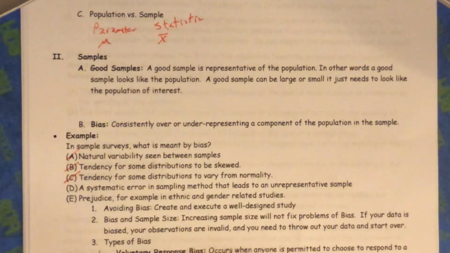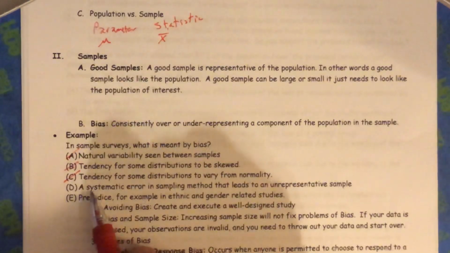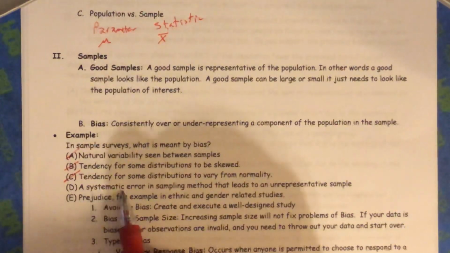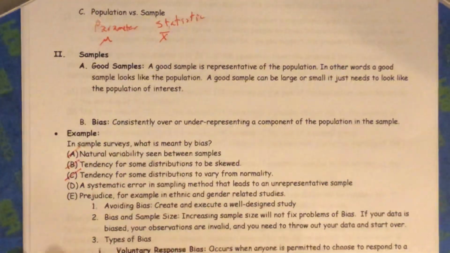A systematic error in sampling method that leads to an unrepresentative sample. Yes, because this is just saying that, in general, we have a design flaw in our sampling method that will lead to an unrepresentative sample. In other words, for whatever reason, we are either overrepresenting or missing part of the population.